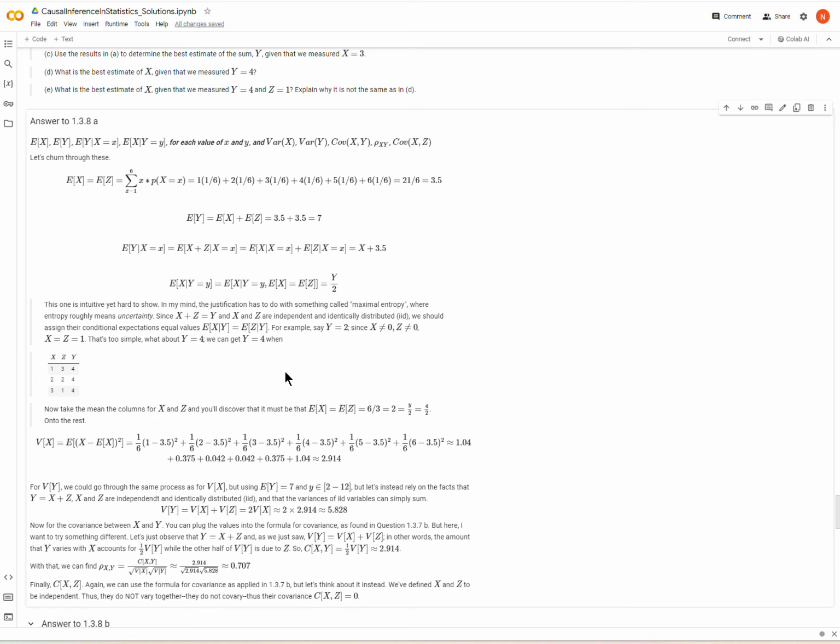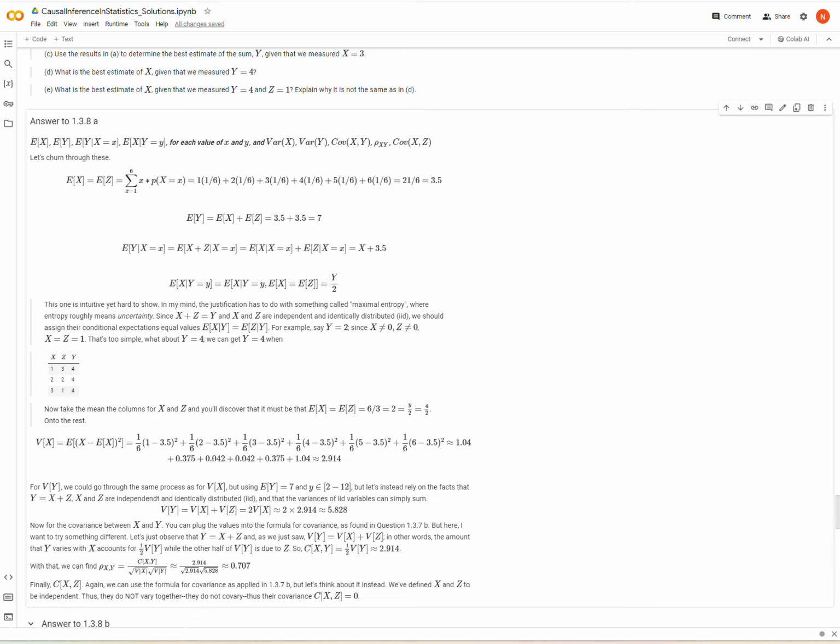To me this is a very intuitive answer, but it actually becomes very hard to explain or justify. Roughly, given that the expected value of x equals the expected value of z, whatever y is, x is probably half of that, because x and z are independent and identically distributed.